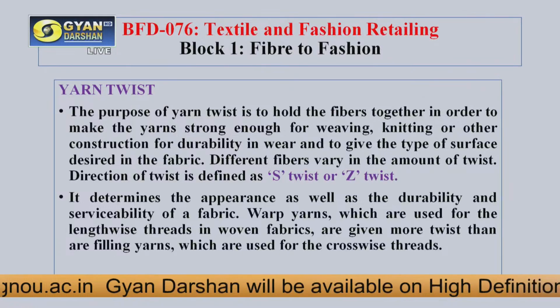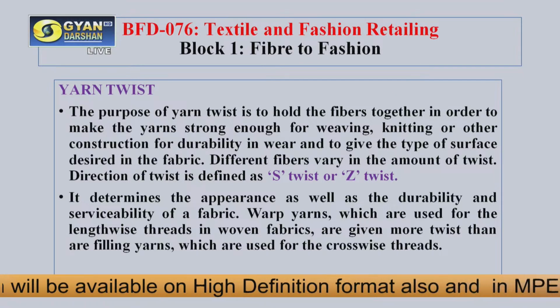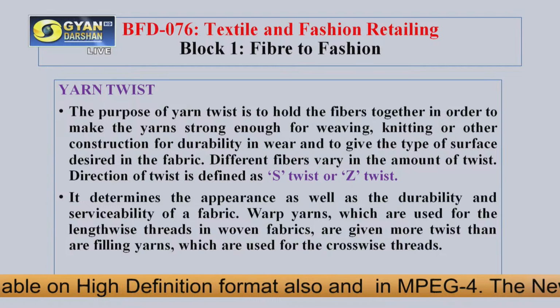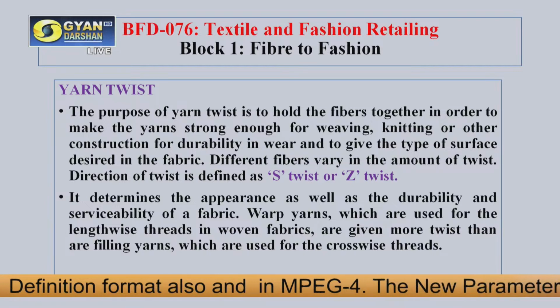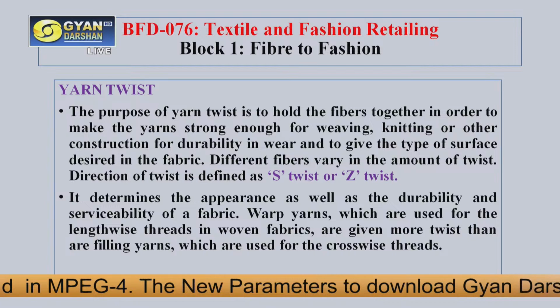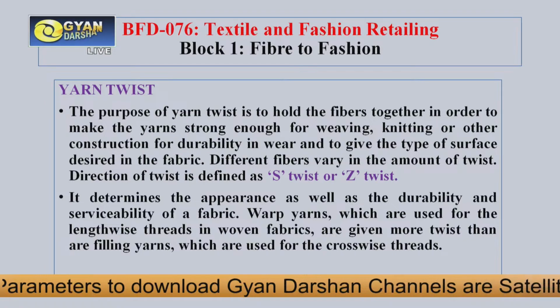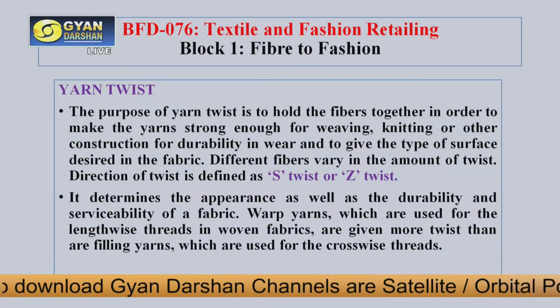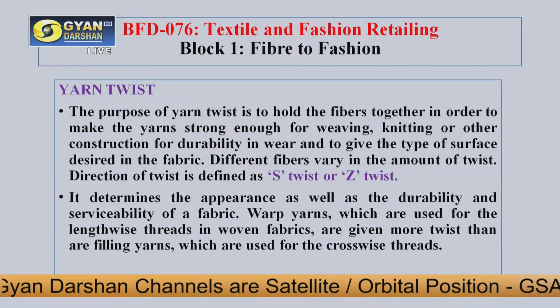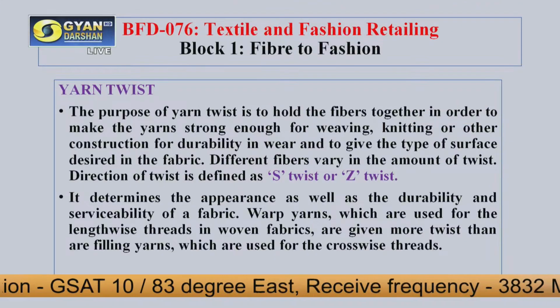So the purpose of yarn twist is to hold the fibers together to make the yarn strong enough for weaving, knitting or other construction, for durability in wear, and to give the type of surface desired on the fabric. Any type of structure which we want to give on the fabric, we use the method of twist.